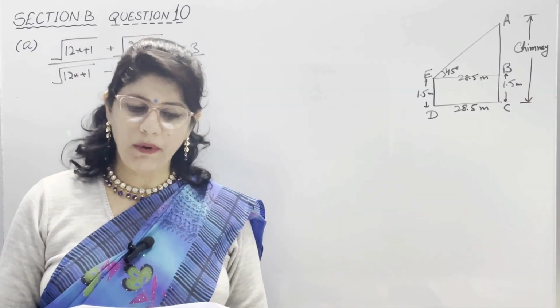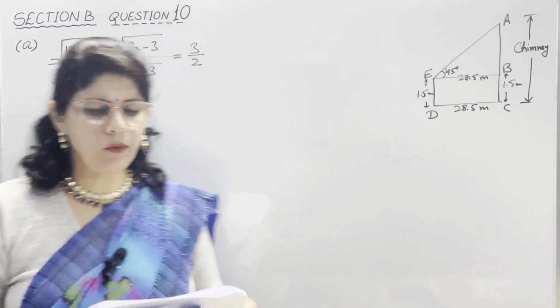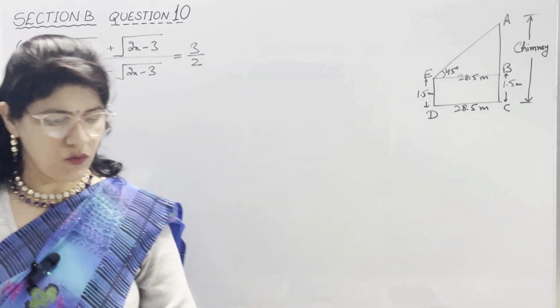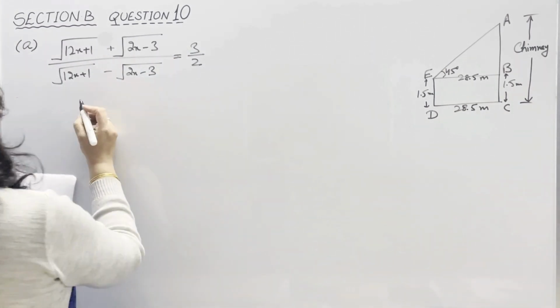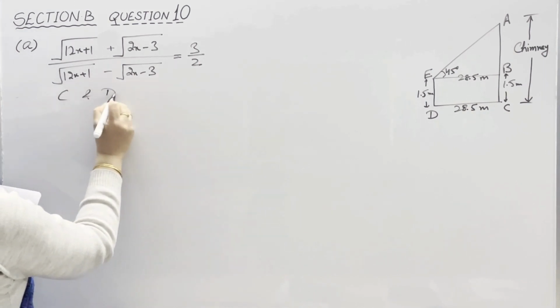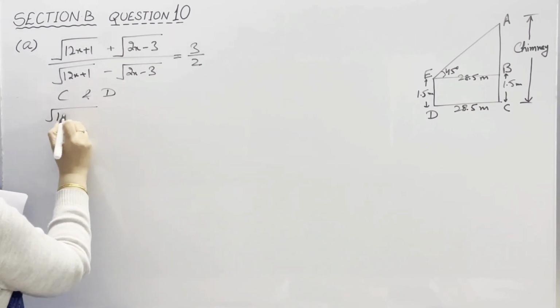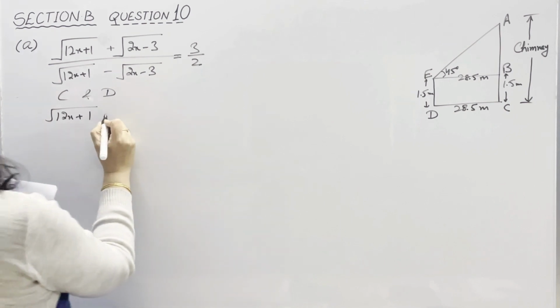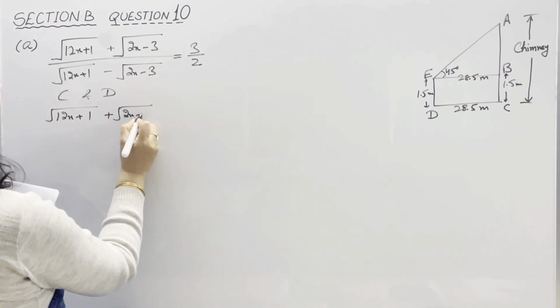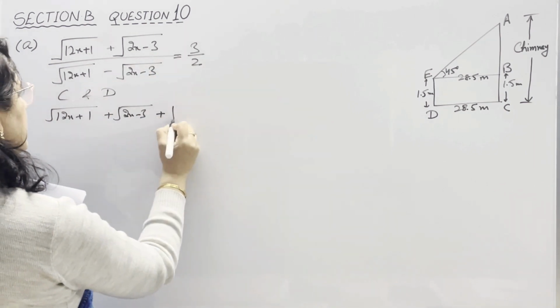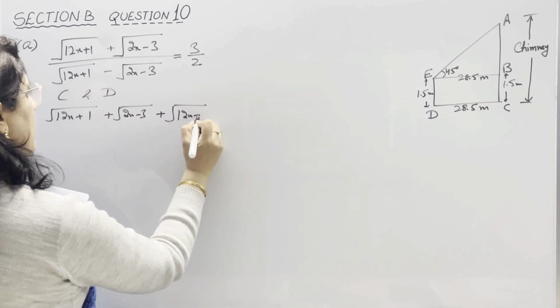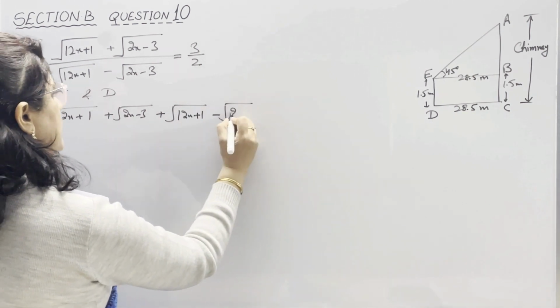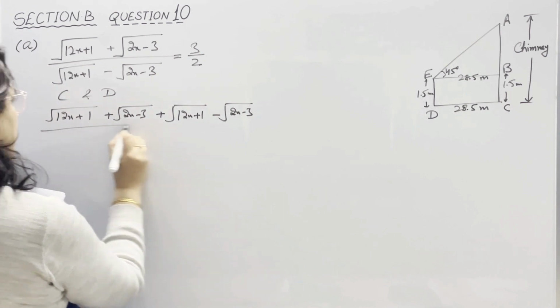In question number 10 part A, using componendo and dividendo, find the value of x. So we need to apply componendo and dividendo. And we know numerator we will write as it is, and then denominator plus: root of 12x plus 1, plus root of 2x minus 3.